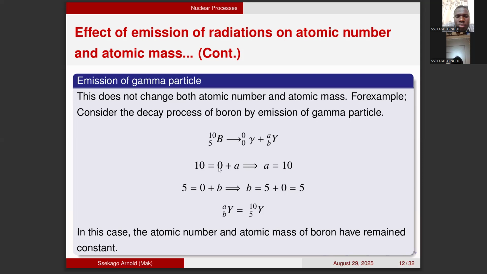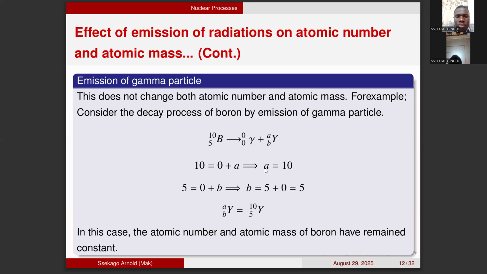Then down you have 5 equals 0 plus B, and making B the subject, B equals 5 minus 0. This is not a plus. But 5 minus 0 is still 5. We obtain 5.